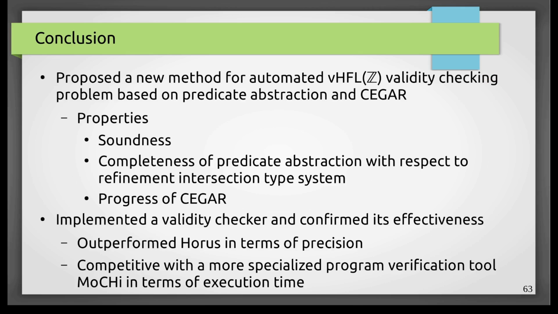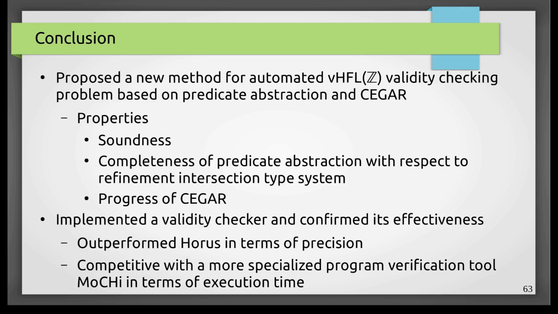So in conclusion, we propose a new method for automated nuHFL validity checking problem. It is based on predicate abstraction and CEGAR and has good properties like soundness, completeness with respect to refinement intersection type, and progress.